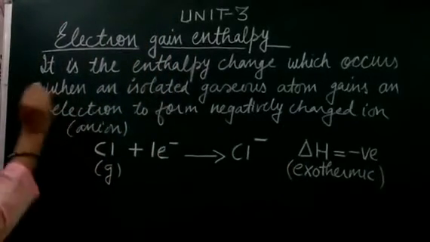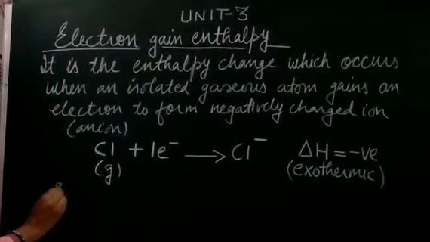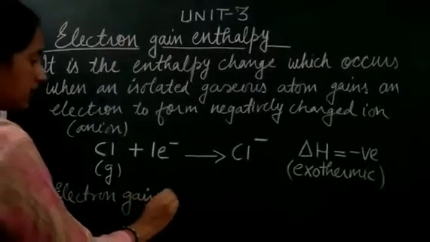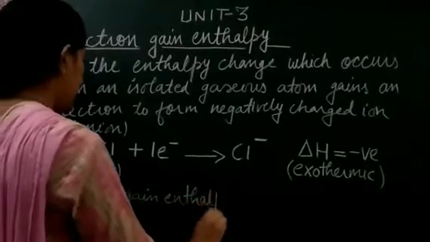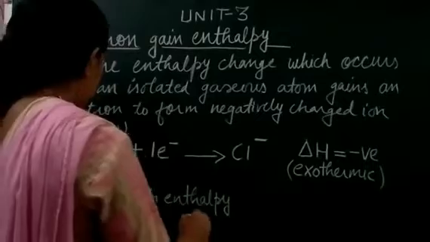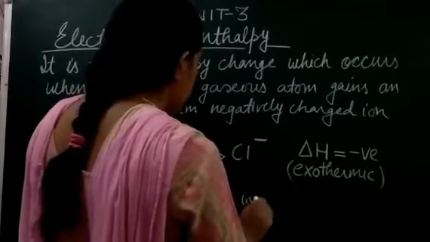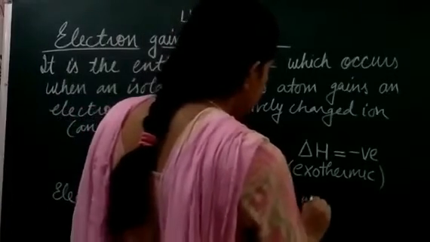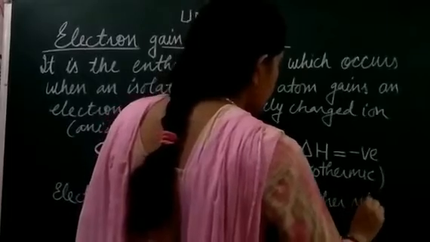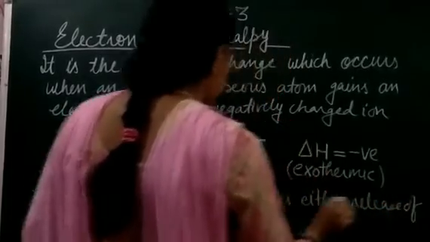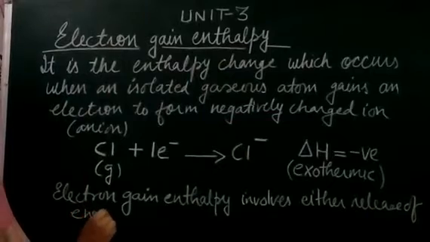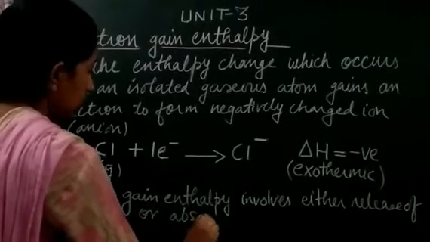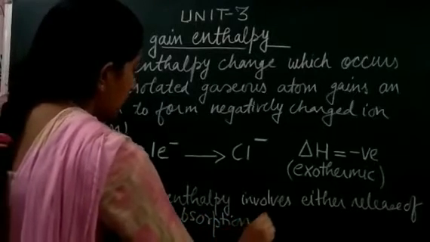Right? So we can say that electron gain enthalpy involves either release of energy or absorption of energy.